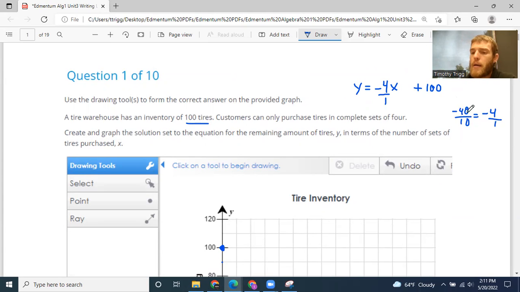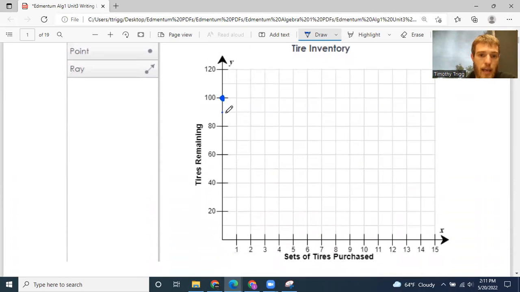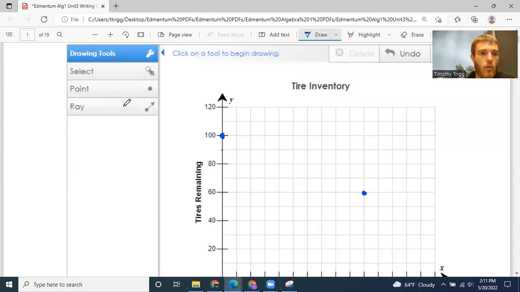So I'm going to go down 40 over 10. From here down 10, 20, 30, 40, but then I have to go over 10. So I'm going to go all the way out to here. And then we can use our ray tool to create our graph.